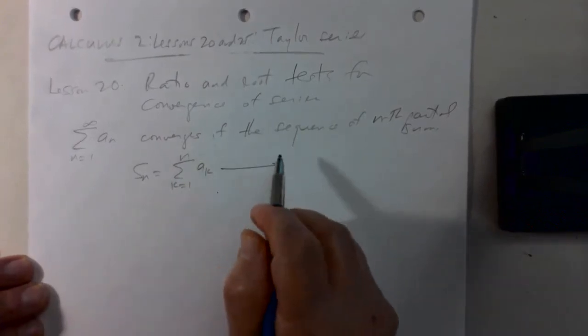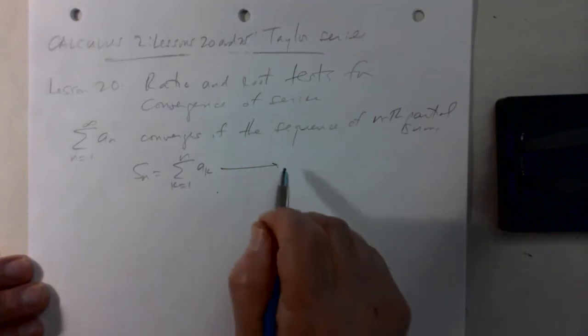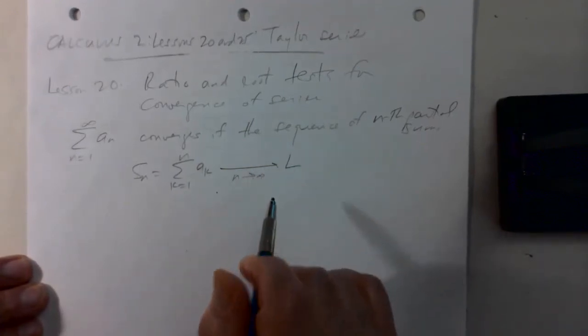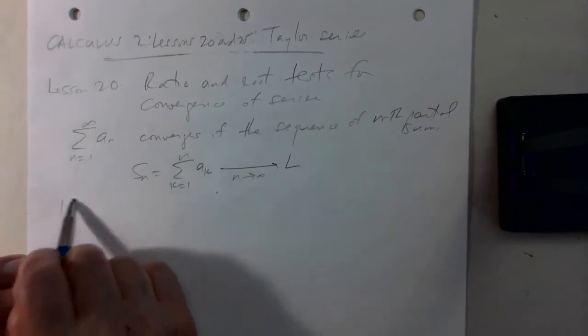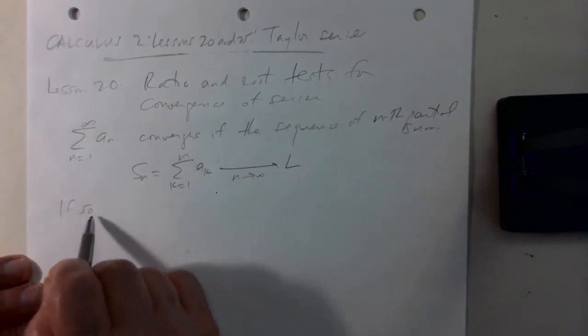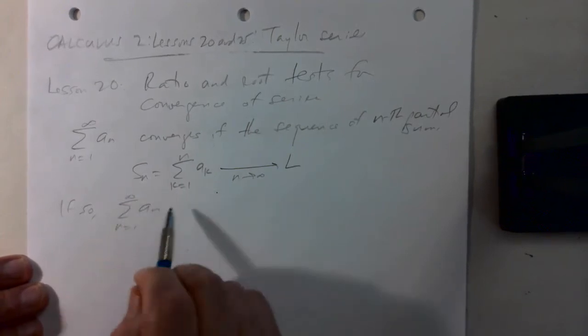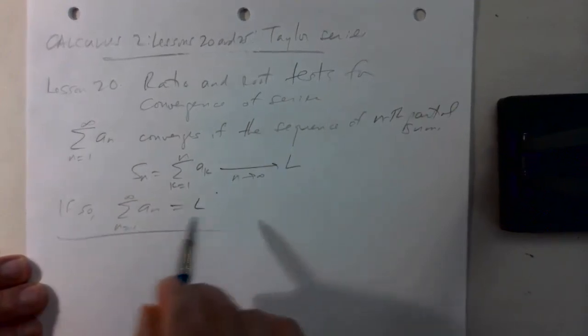If this sequence of numbers converges to a limit L as n goes to infinity, and in that case, we say summation an, n goes from 1 to infinity, converges to L.